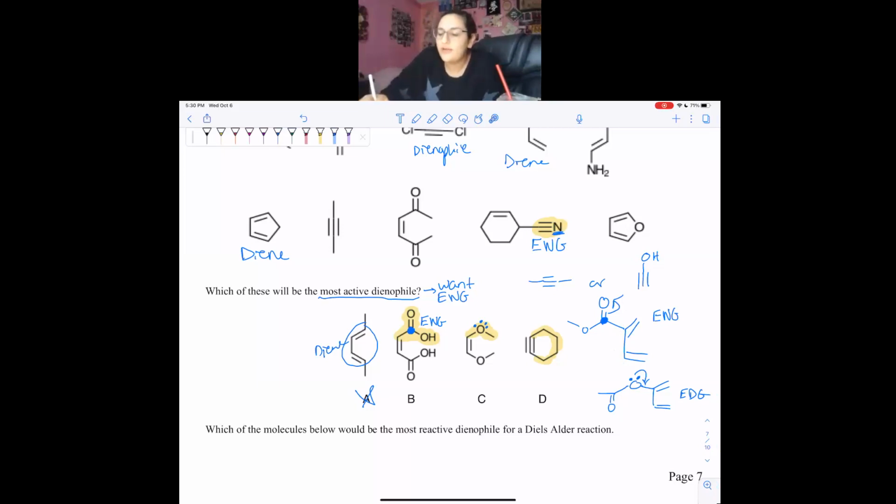So it's pulling electrons away from the system. It's electron withdrawing. Versus if it's attached to the oxygen, yes, this oxygen does resonance this way, but also it has a lone pair, and that lone pair can donate into the system. So we're going to call that donating.